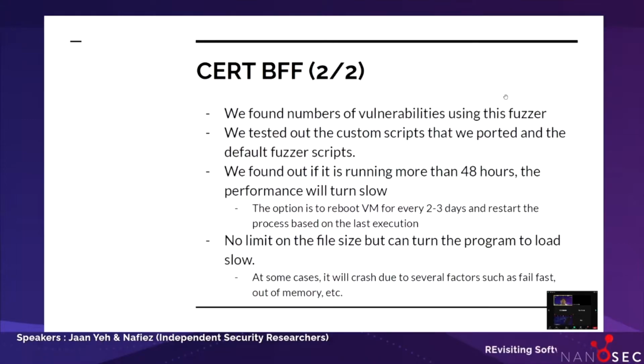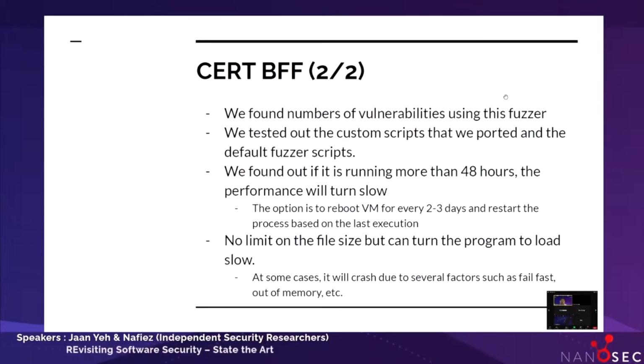We have very good results from this fuzzer. We tested out the custom script that we ported and also the default fuzzer script. For our testing, after it's been running for more than 48 hours, the performance starts slowing down.